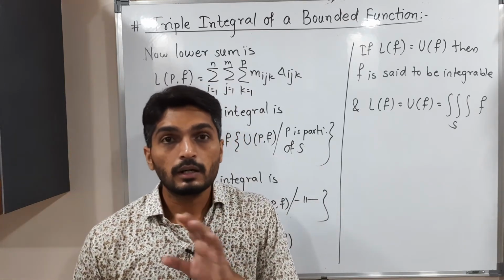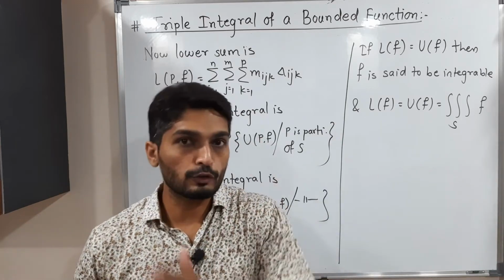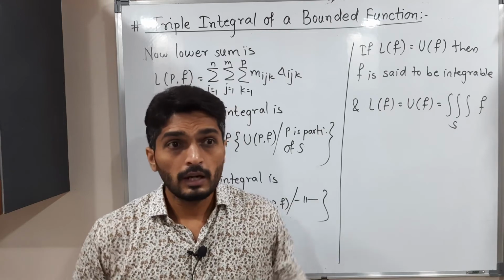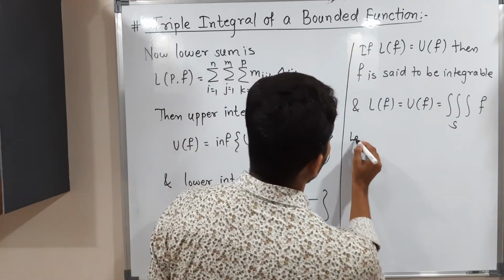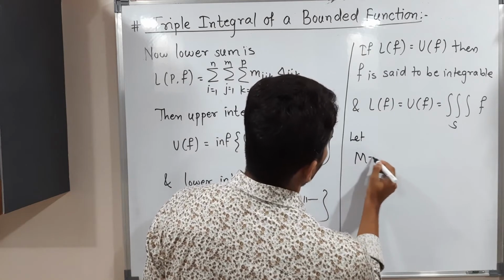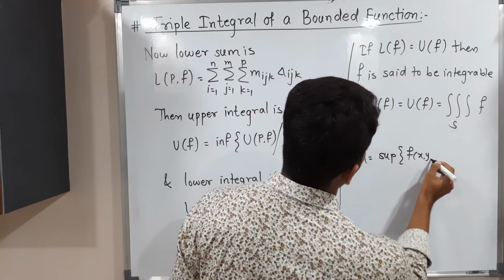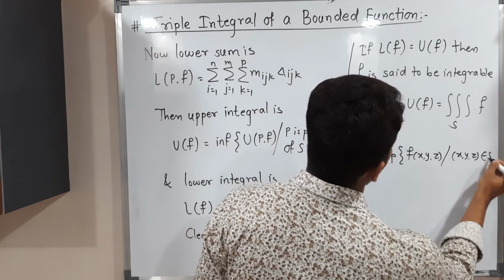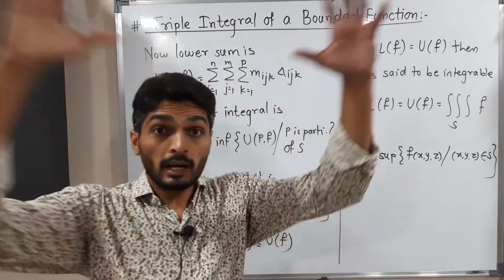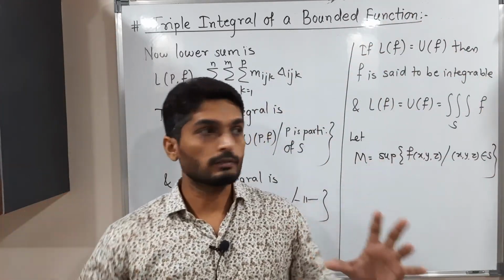We have divided that cuboid into some small cuboids, but right now I will consider the entire cuboid. Let capital M be equal to the supremum of f(x,y,z), where (x,y,z) is any arbitrary element of S, that means over the entire cuboid.